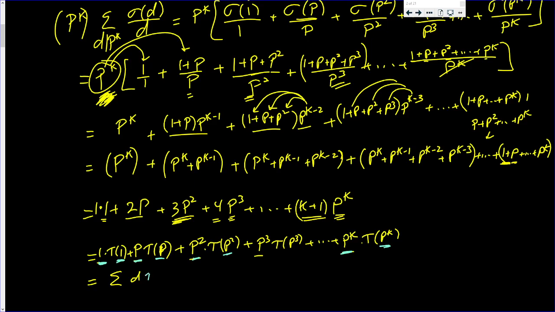So it's going to be d times tau of d. And we're going to do this over all divisors of p to the k, which, by the way, are 1 and p, p squared, all the way up to p to the k. Exactly the list of divisors that I'm using.